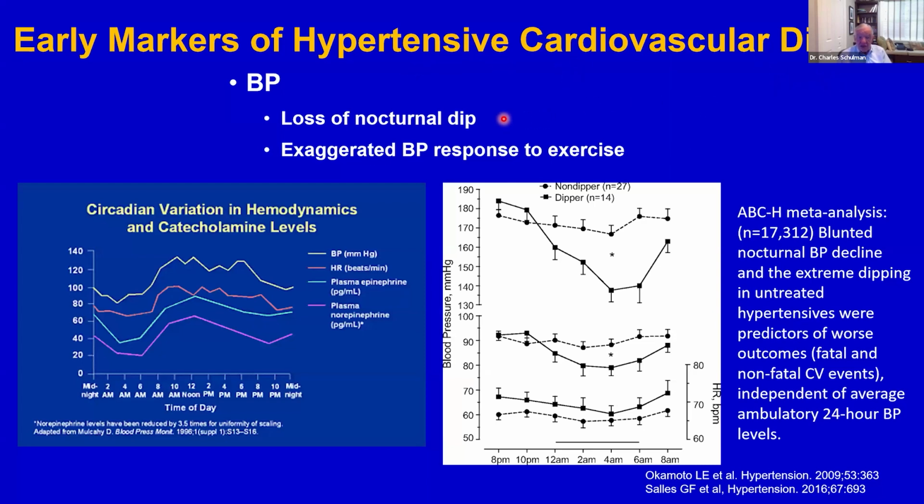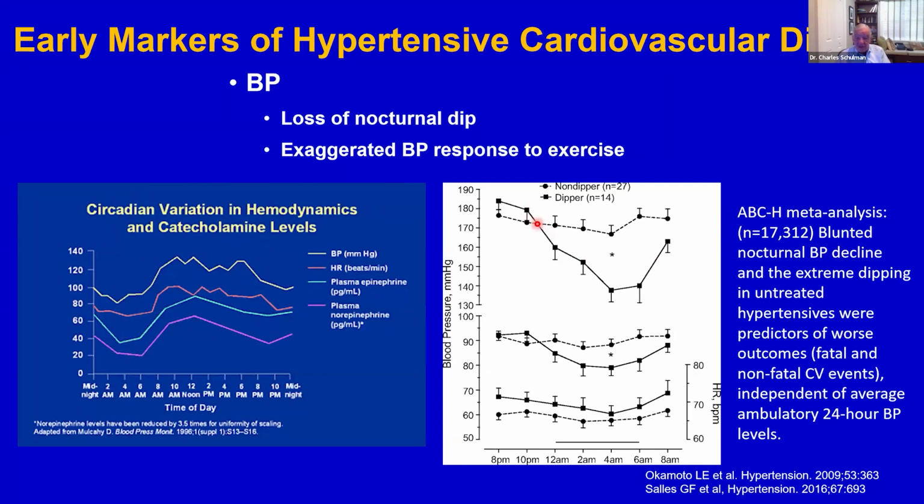Another thing is the loss of the nocturnal dip. Dippers and non-dippers is sort of an English term. There is a circadian variation in hemodynamics and catecholamine levels. Those levels and blood pressure are all higher during the day and fall at night with a low at something like 4 in the morning.